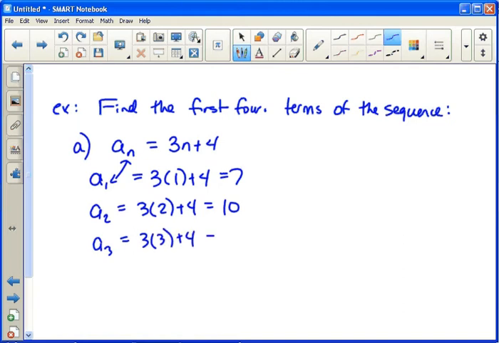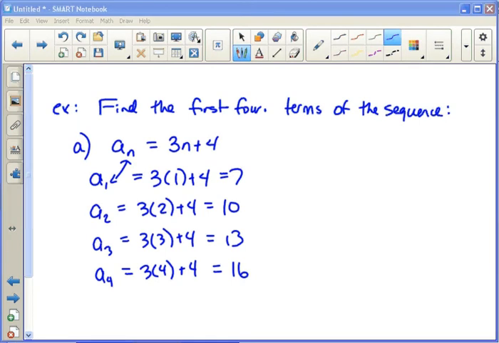And for the fourth term, I do 3 times 4 plus 4, which is 16. So the first 4 terms are 7, 10, 13, and 16. And you may be able to do that in your head or more quickly than I just did it. That's fine if you can. But you just need to find those first 4 terms.